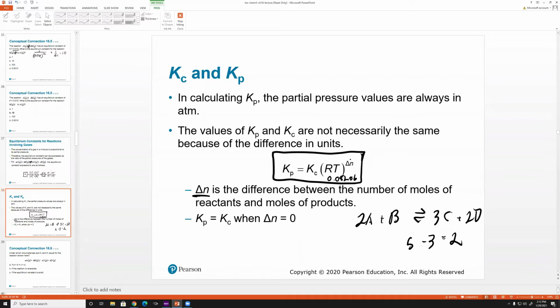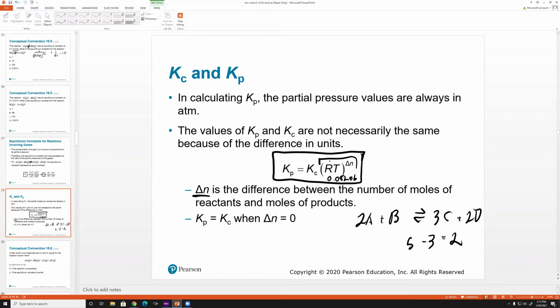So this factor, RT to the delta N, is just to correct for the difference in moles in certain pressure-related equations. Because if you have pressure involved and you have more moles than you started out with, that increases the partial pressures, but it may not increase the concentrations of each of the product and reactant with respect to one another.